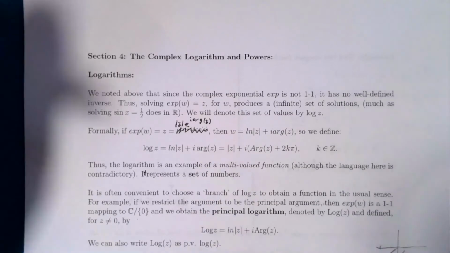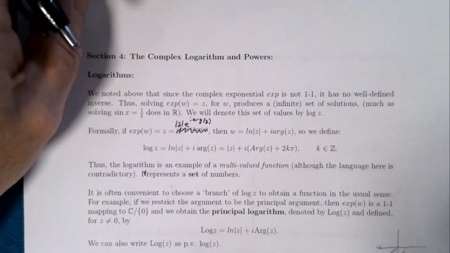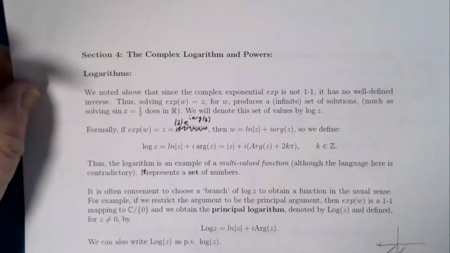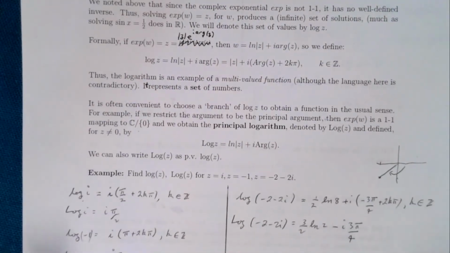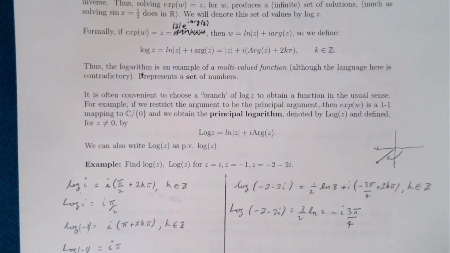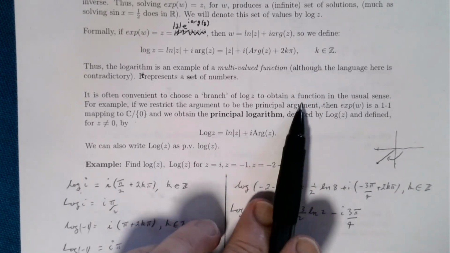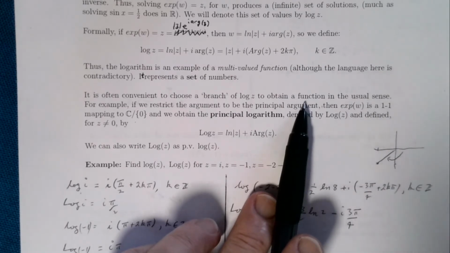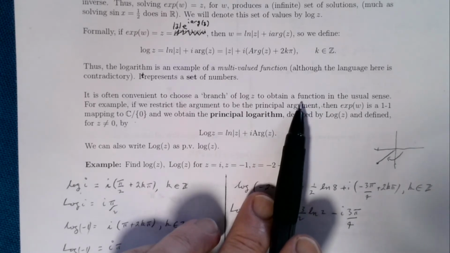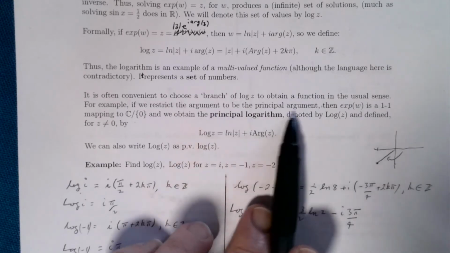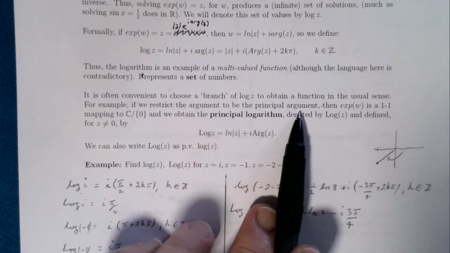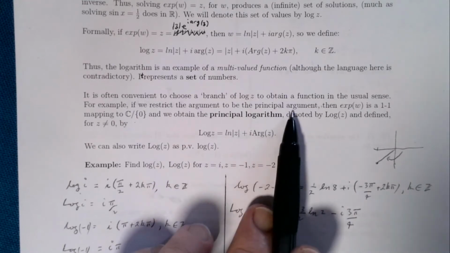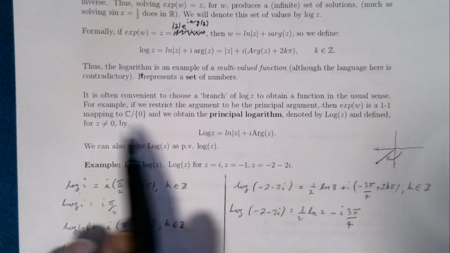It's often convenient to choose a branch of logarithm, and I'll say a bit more about branches in a moment. We're going to choose a branch of the logarithm to obtain a proper function in the usual sense. That is, I want to have a unique value for log of z, not infinitely many, and we want to therefore restrict the argument to be the principal argument. So if I restrict the argument to be the principal argument, then exp is a one-to-one mapping on C take away 0.